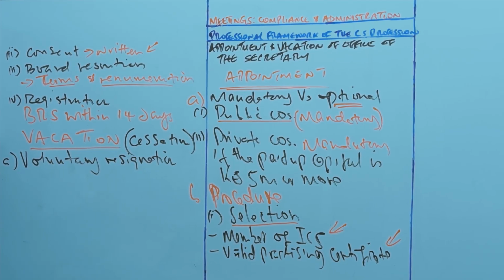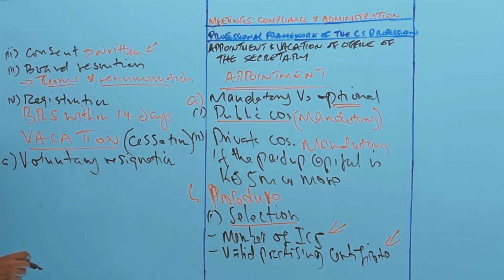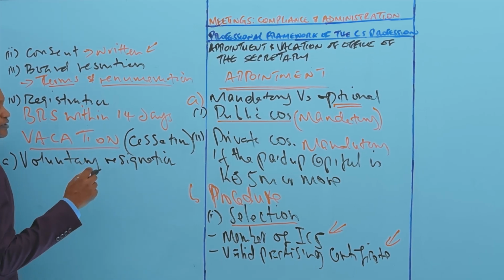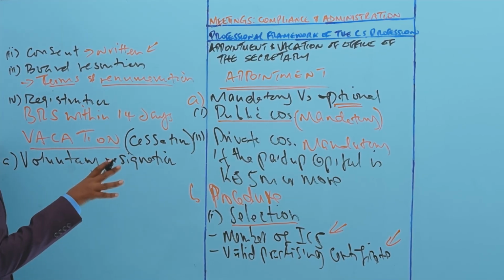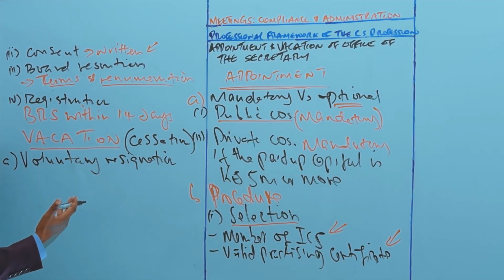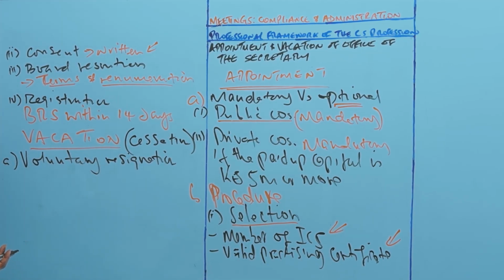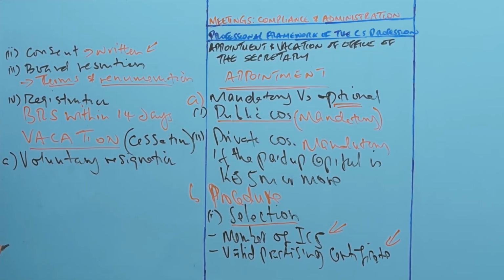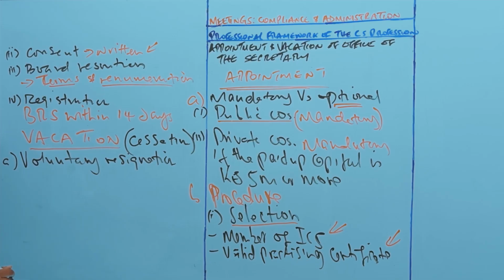The board must then meet to formally accept the resignation and record this in the minutes. So after the company secretary tenders resignation, the board has to meet and formally accept the resignation and have it minuted. That's the procedure when the secretary voluntarily resigns.